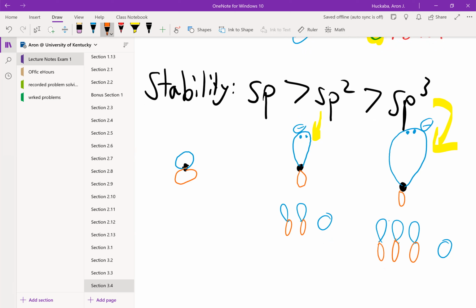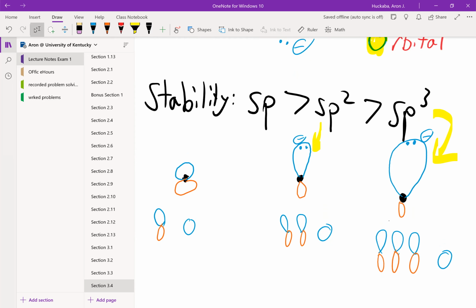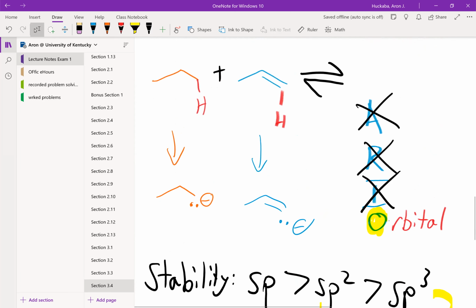And that is because what you're mixing together is an s and a p orbital, so that has a 50-50 mix of s and p. So that's why the lower hybridized orbitals contain a negative charge easier.